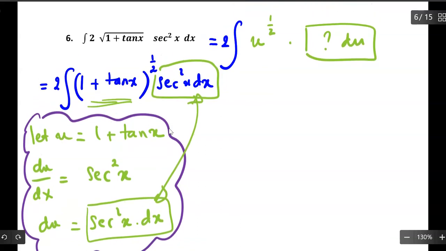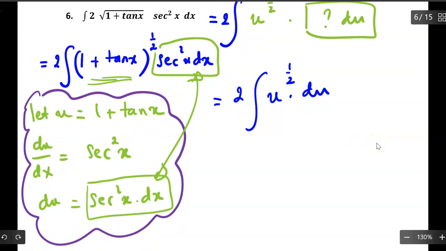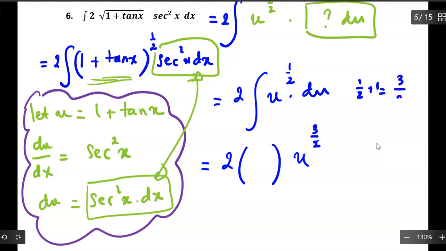Therefore, now my integral becomes 2 u to the exponent a half, and then in this case it's just du. You see, instead of writing secant square of x dx is equal to du here, I just write it as du. So what is the integral of u raised to the exponent a half? We just add 1 to the exponent. A half plus 1 is 3 over 2.